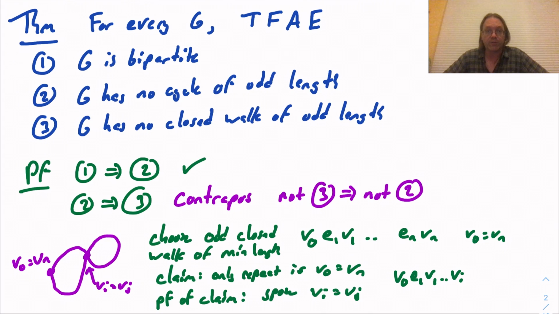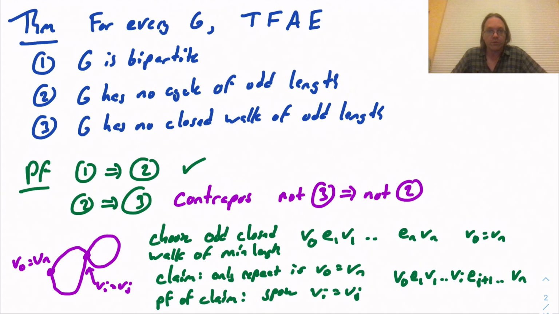Ordinarily, after the vertex vi, you'd continue with the edge e sub i plus 1, according to my indexing, but I know that vi is the same as the vertex v sub j, right? So I could take advantage of that to just continue along on edge e sub j plus 1, and continue along to vertex vn.